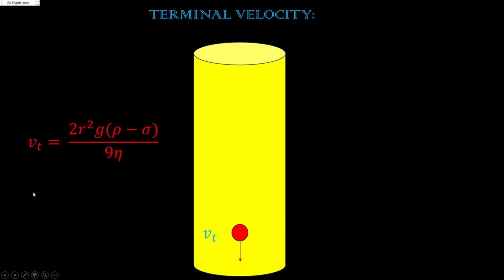We call this v as vt, which is termed the terminal velocity. And we get this expression: vt equals 2 r square g (rho minus sigma) by 9 eta. So this terminal velocity depends on the radius of this ball, the acceleration due to gravity at that place, the density of this ball and the density of the fluid, and the coefficient of viscosity of this fluid.